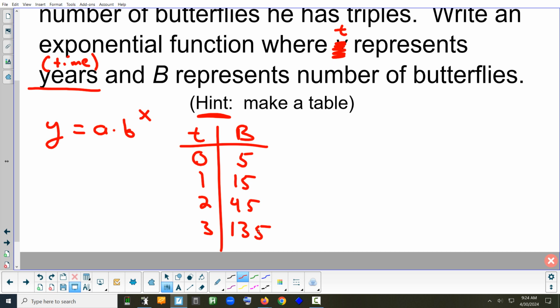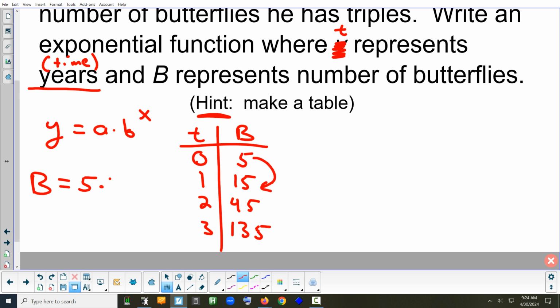So it's 5. So it's y equals, or actually it's not y equals, it's the number of butterflies equals 5 times. And then what's b in this case? Yep, it's what we multiply by each time to get from one number to the next.